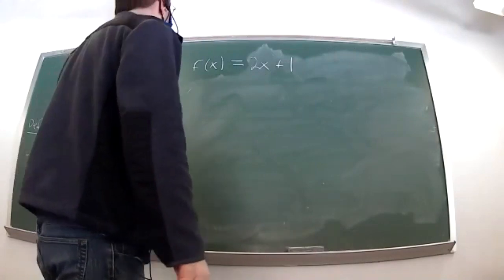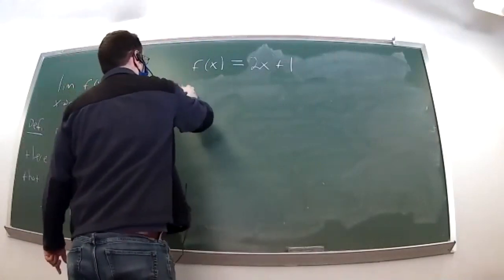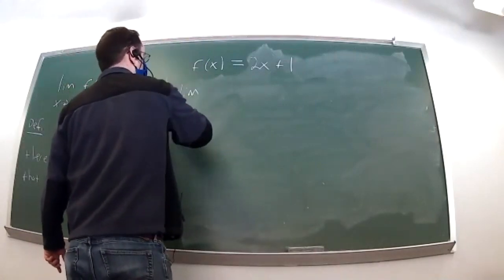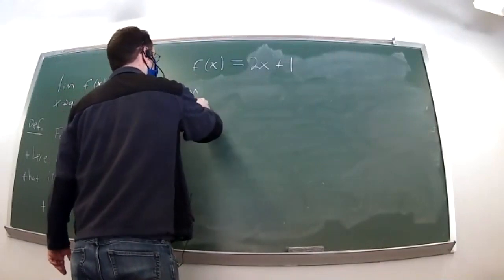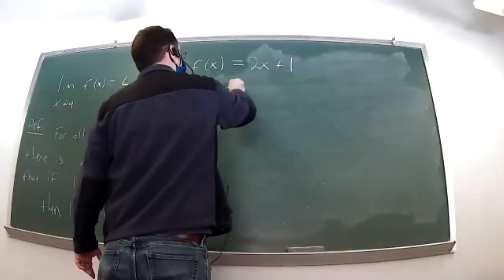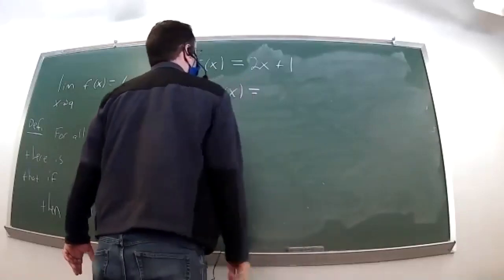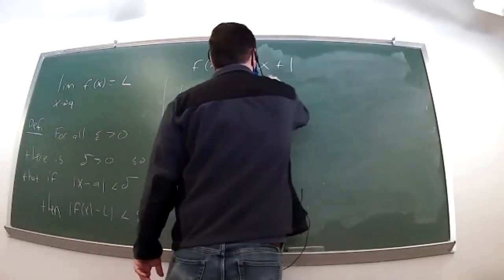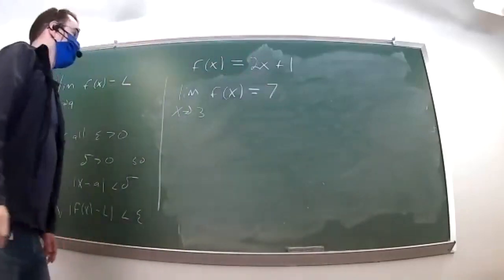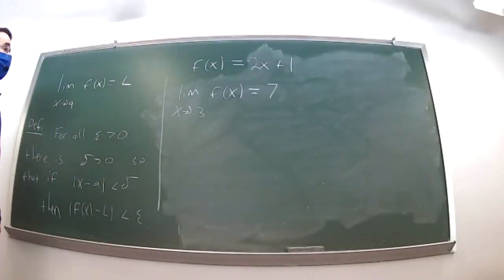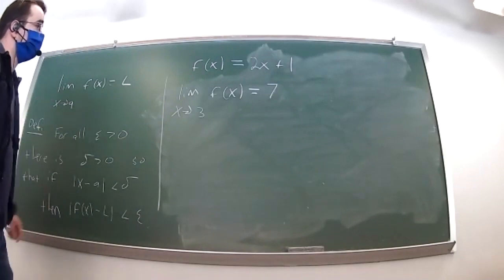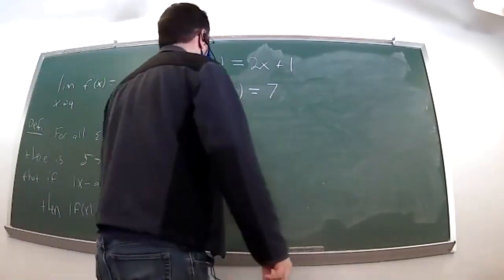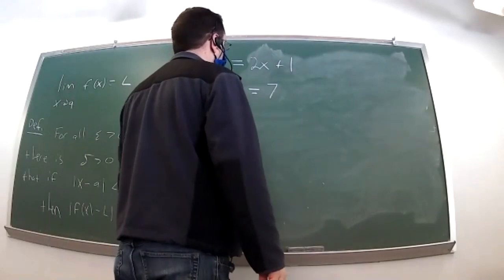Please show, using the definition of limit, that the limit as x goes to 3 of f of x, so you know that's going to be equal to 3 times 2 is 6 plus 1 is 7. So given f of x equals 2x plus 1, please show, using the definition, that the limit as x goes to 3 of f of x equals 7.